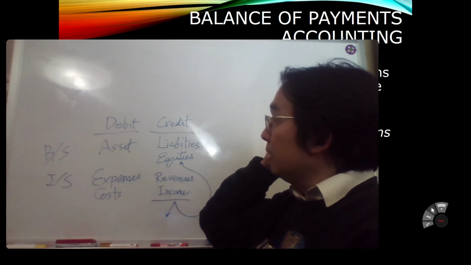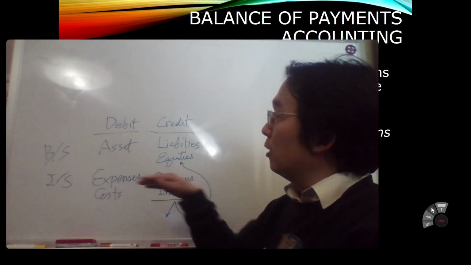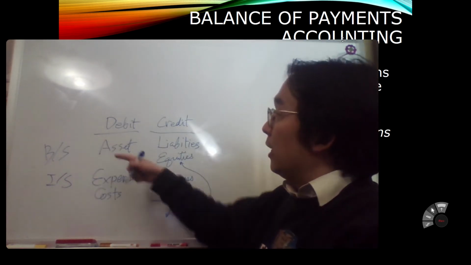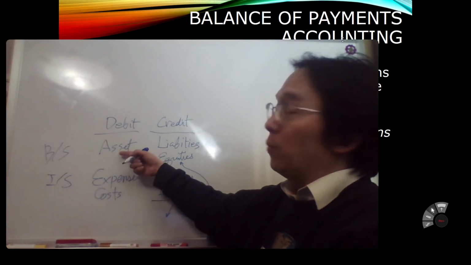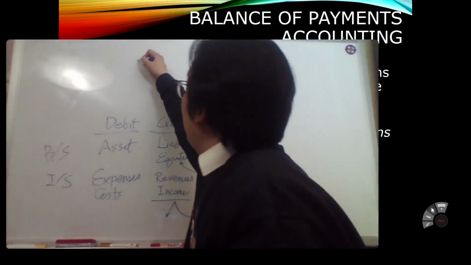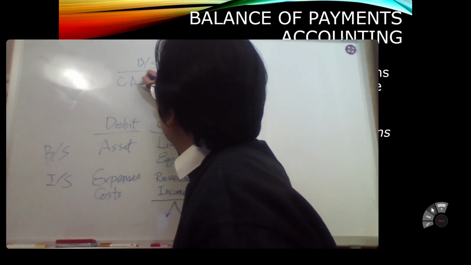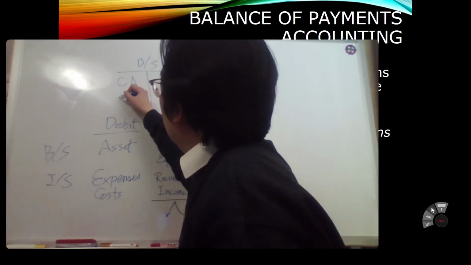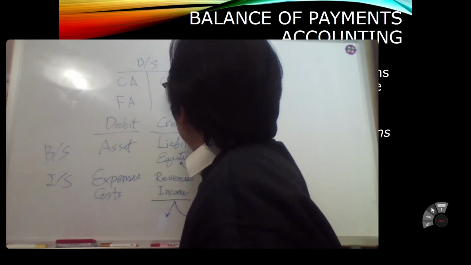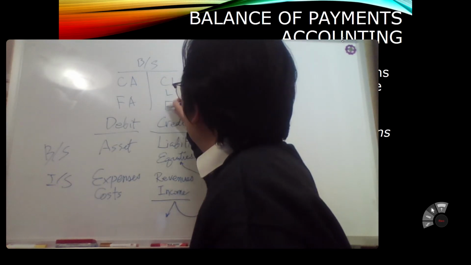And then we're going to use the intuition about the balance sheet as well, because in the balance sheet, what did you have over there? Well, you had current assets, current liabilities, and then fixed assets, and then long-term liabilities and equities over there.